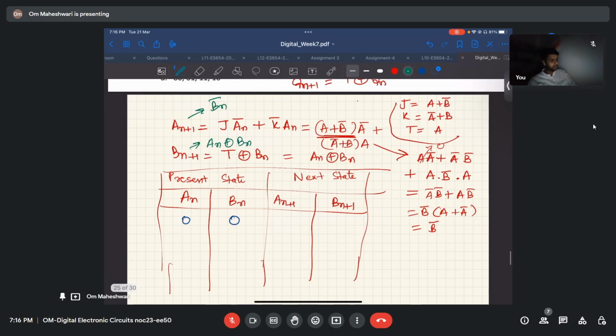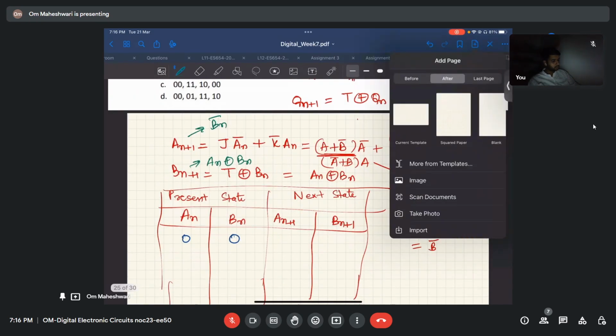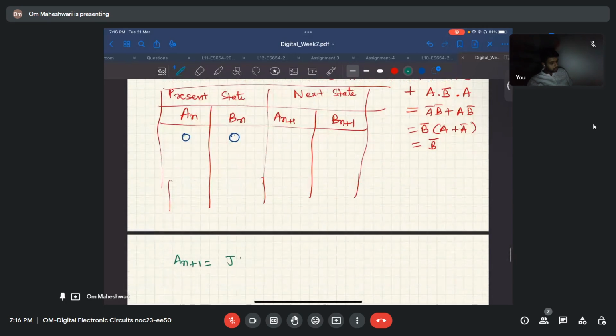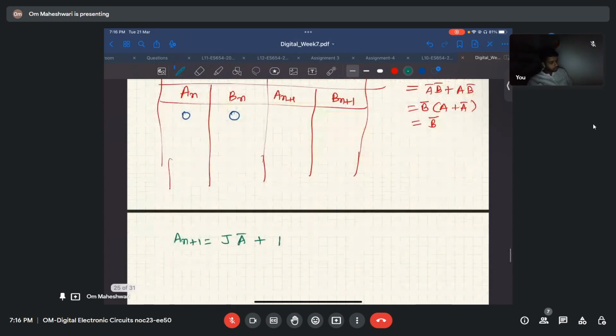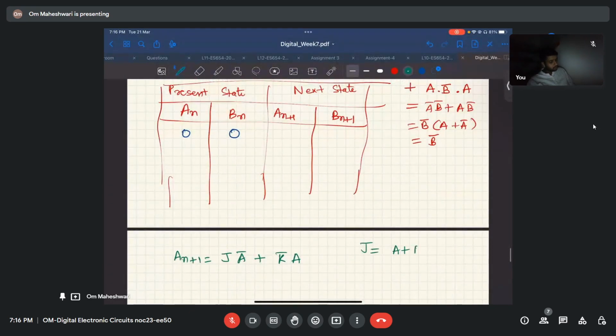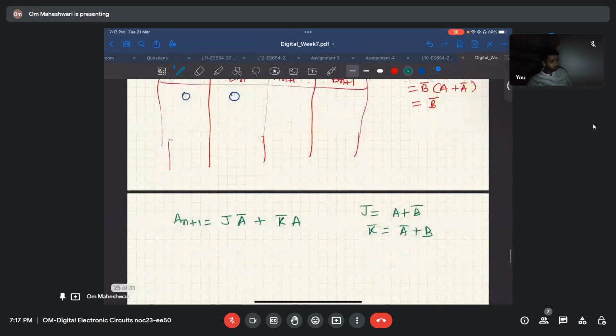So here, let me just reiterate what I have done. I'll take another page. So an plus 1 was given to us as J an bar plus K bar an, and also J was given to be A plus B bar, and K was given to be A bar plus B. So I put these values of J and K here.